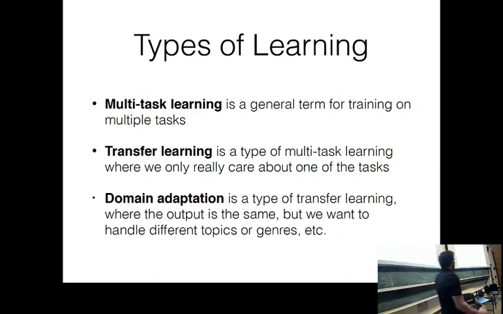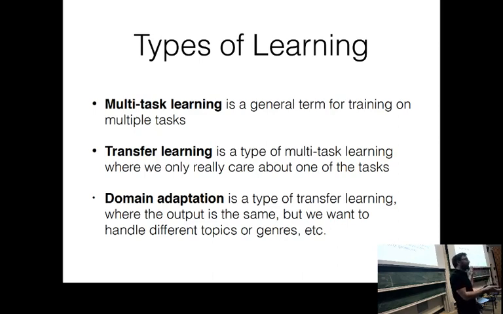Then even domain adaptation, which is a very specific type of transfer learning, we have basically the same task. When you're doing domain adaptation for machine translation, the task is machine translation, but you want to be able to handle different inputs that come from different distributions. But that can also be viewed as an instance of transfer learning.